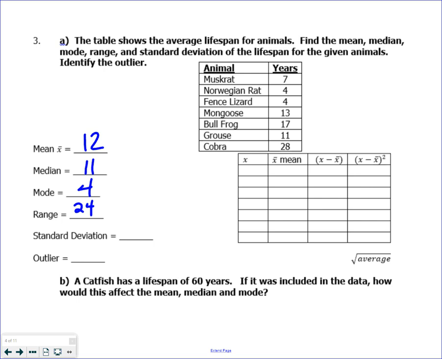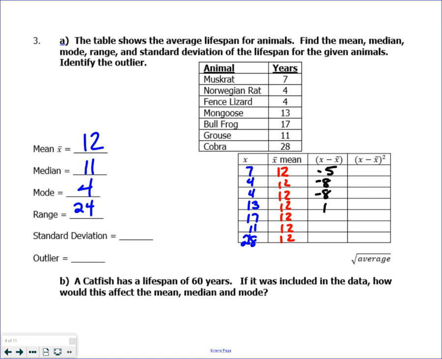Now off to the side, I'm going to actually calculate standard deviation by hand. So I'm going to take each of the numbers in the first column. Off to the side, we did find the mean to be 12, so that's the next column. Subtract the 2 columns.